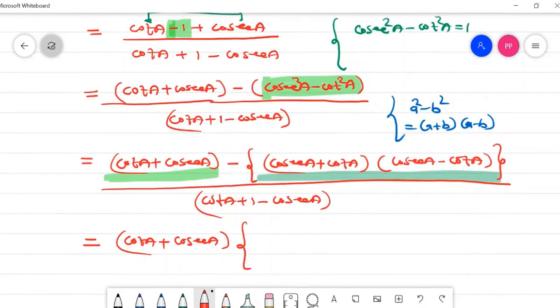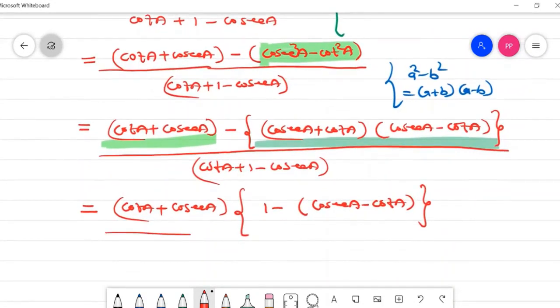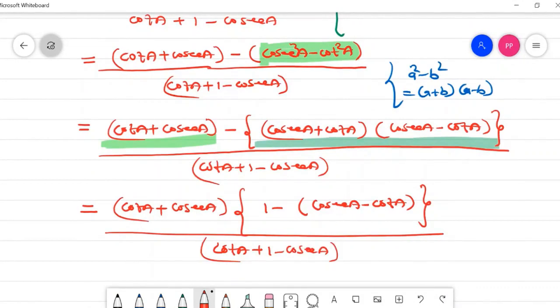What is left in the first term is nothing but 1, minus (cosec A minus cot A). We write this in bracket because there is a minus sign before the bracket. And the denominator, as I told earlier, we are not supposed to touch. We'll keep it as it is, cot A plus 1 minus cosec A.